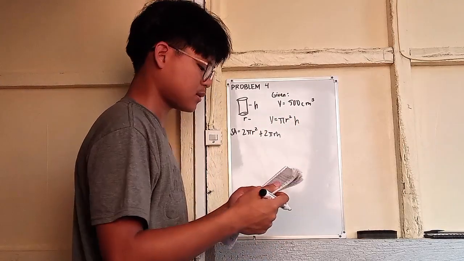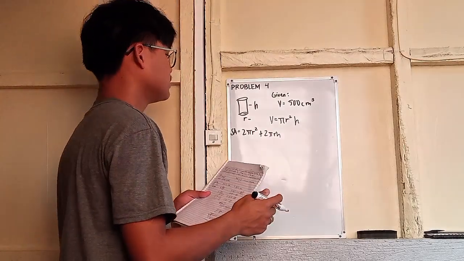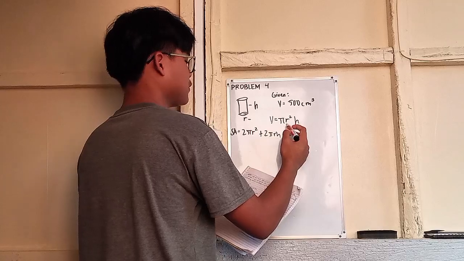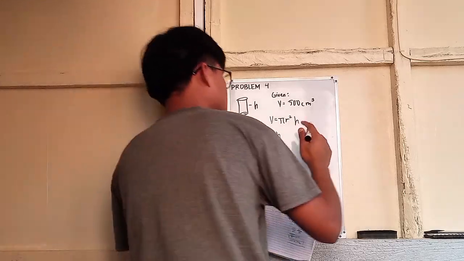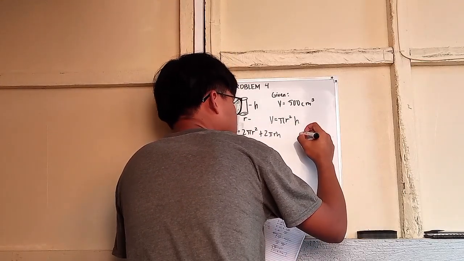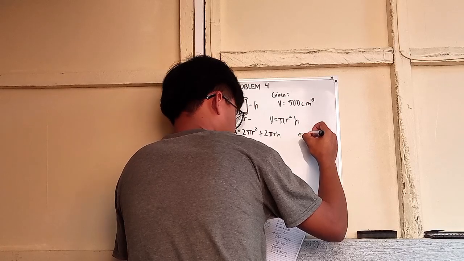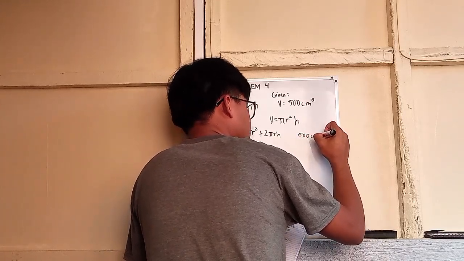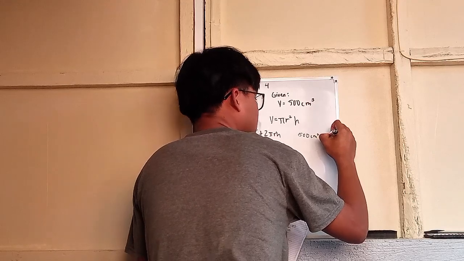So first, we will express the h in this formula in the volume. So we will equate this as 500 centimeter cube is equal to pi r squared h.